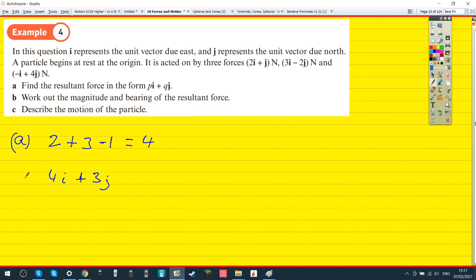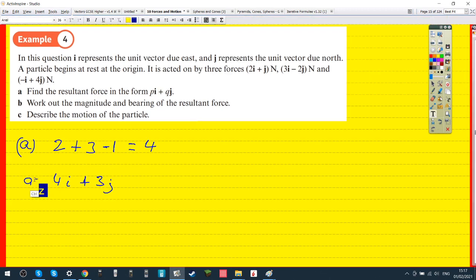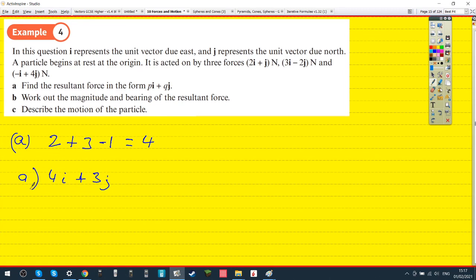Yeah, that is part B. So I think for the magnitude, I just need to do the square root of 4 squared plus 3 squared, which will be 5.